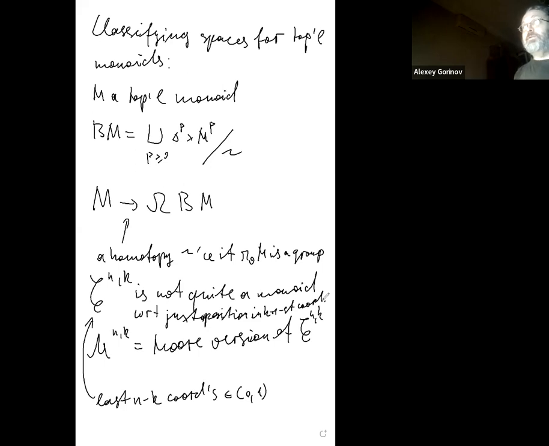This is not quite a monoid. Why? Well, because the product is not associative on the nose. It's only associative up to homotopy. But it's the same as for loops. There's a strictly associative version of the same monoid.